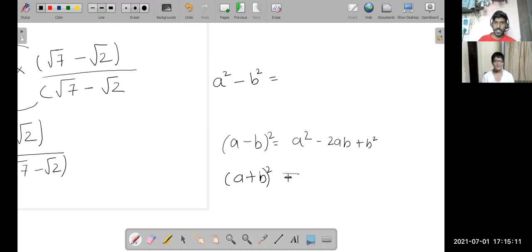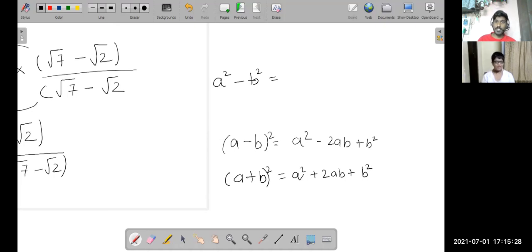So that is a square plus 2ab plus b square, or the way you told it, a square plus b square plus 2ab.